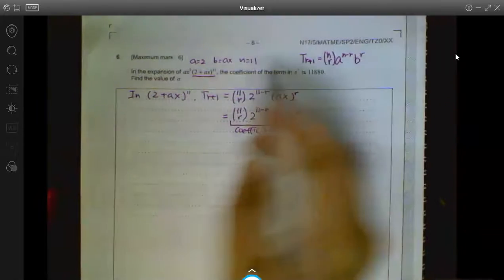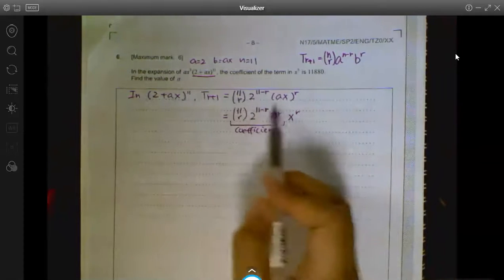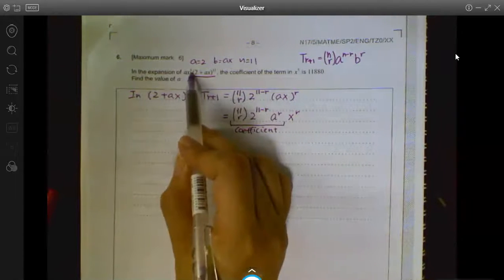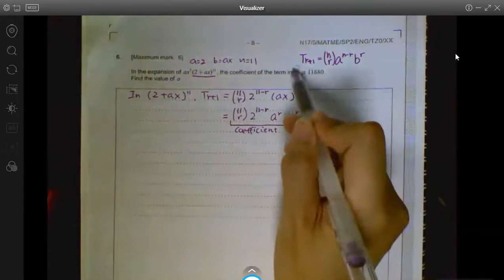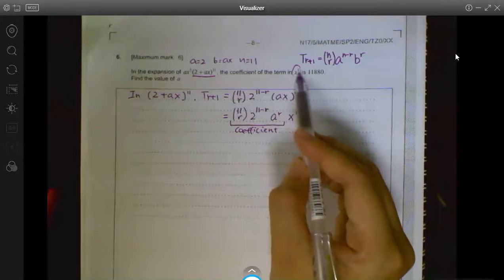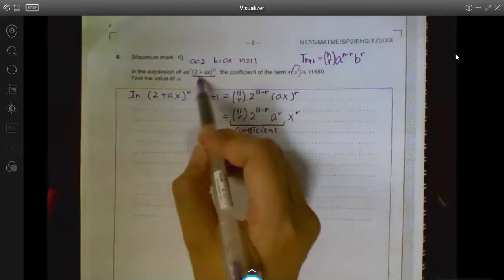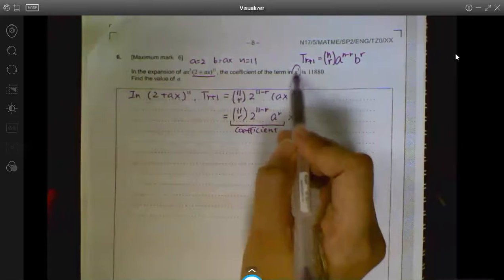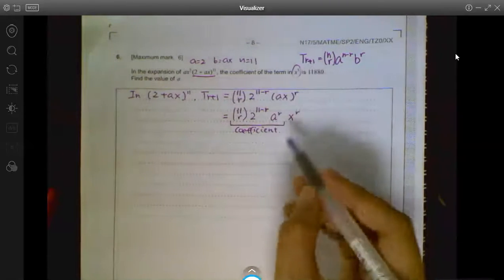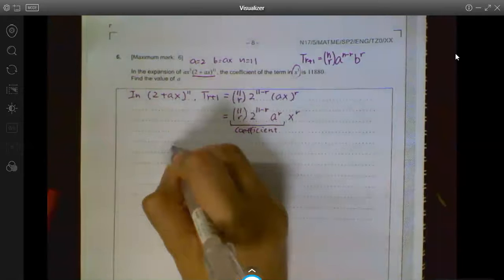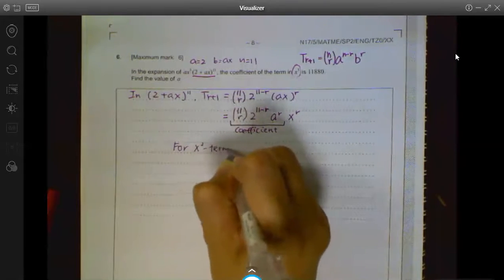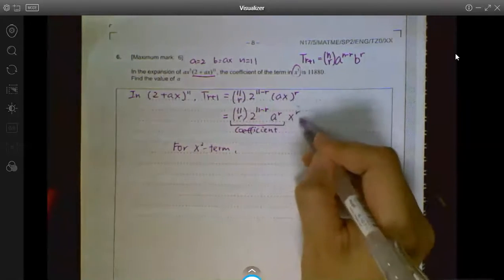Now take note that when we multiply these numbers in the second expansion by ax cubed, we want to focus on the term with the x to the 5. So you need to think what in this bracket, if you multiply with the x cubed, gives you an x to the 5. It should be an x squared. So for the x squared term, here's my x term.